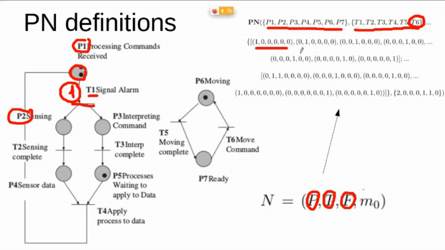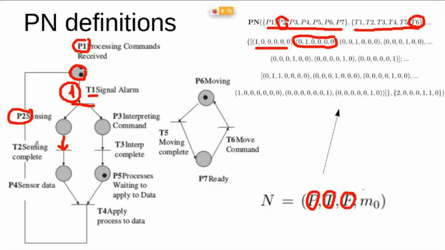Let's go to place number 2. Place number 2 is connected to transitions. So let's check which transitions place 2 is connected to. So P2, we have P2 in here, and it has only a connection to a transition.